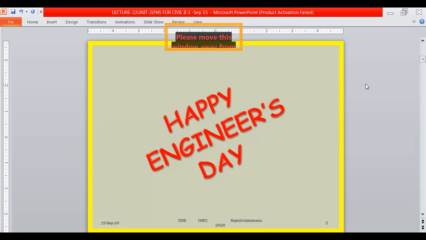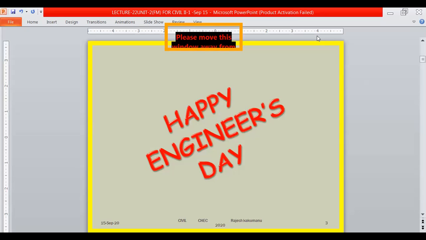Actually, among all the engineering branches, the oldest branches of engineering are mechanical and civil engineering, right? Between these two, who is the father of engineering and who is the mother of engineering?